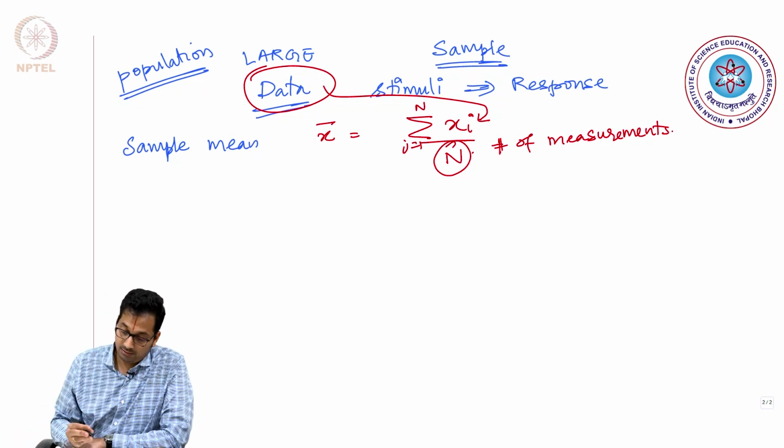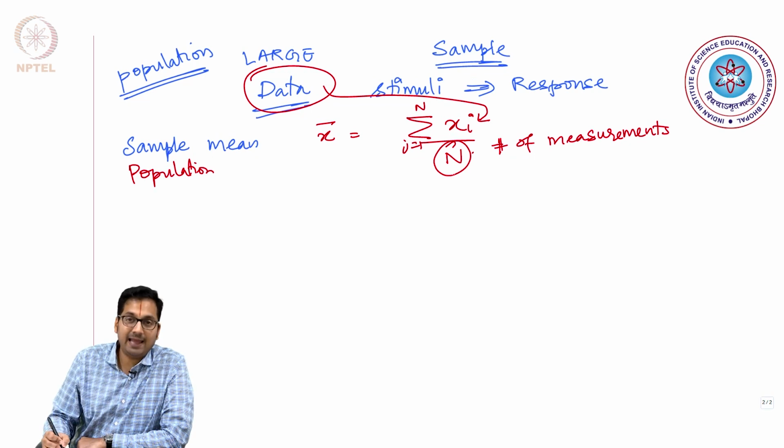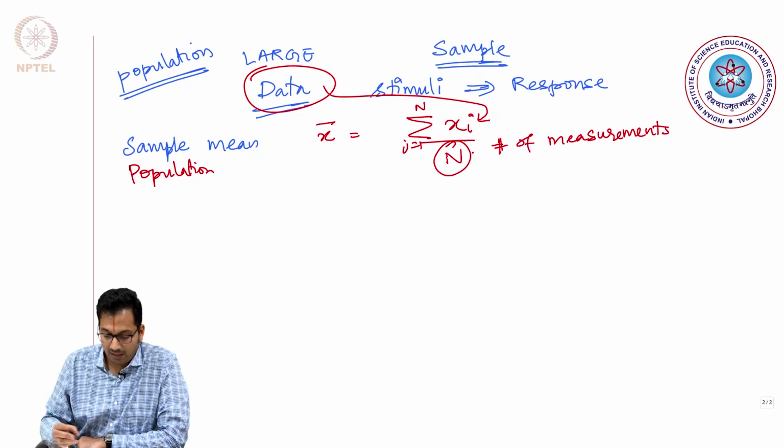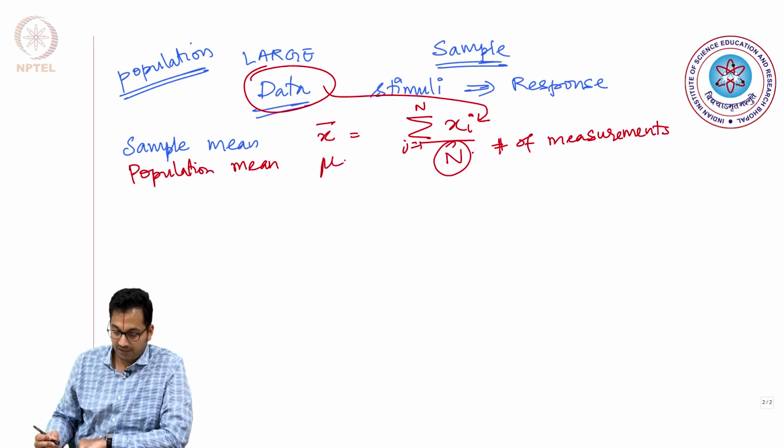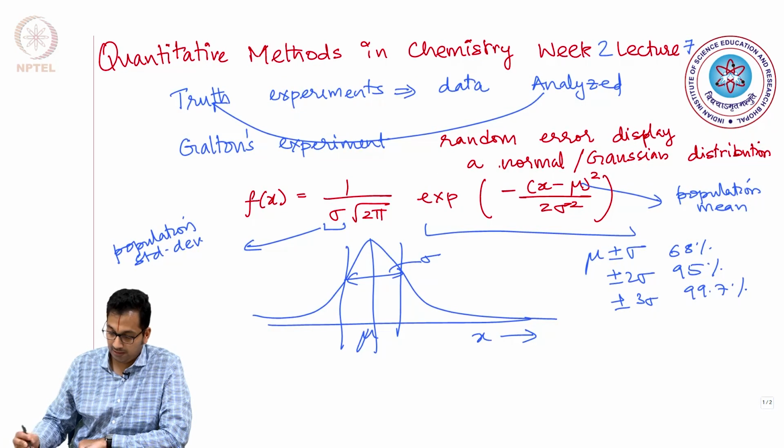Okay. And the only difference between sample mean and population mean is that n is large for population mean while n is small for the sample mean. Of course, population mean goes with the symbol mu, which we just saw a moment earlier in the Gaussian distribution.